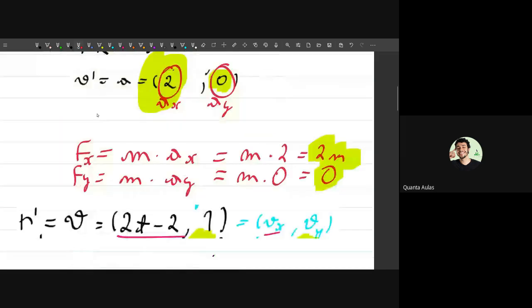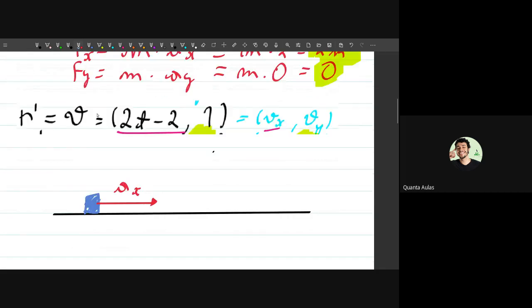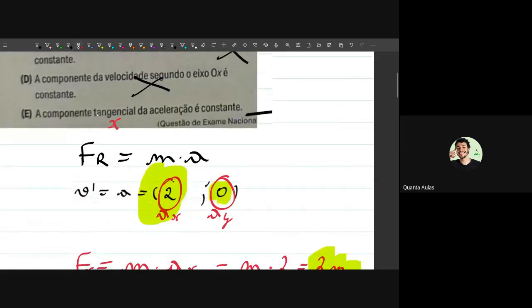So we have an x component. We can see here too that it is constant, like the question said to us. So this affirmation is right. It's constant because it's true. If you have 0, it's constant.